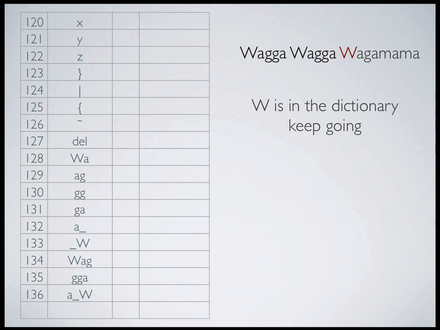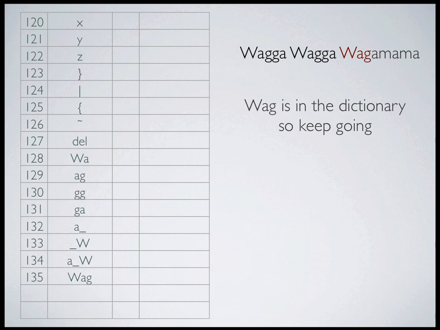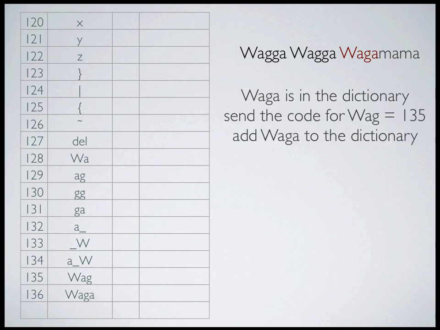W is in there already. WA is in there already. WAG is in there already. That's at what, 135? But WAGA is not there. So we'll send the code for WAG, which is 135, and add WAGA to the dictionary.